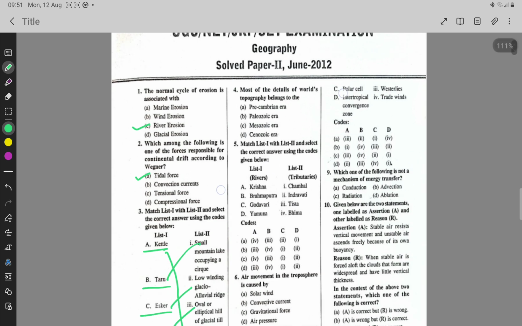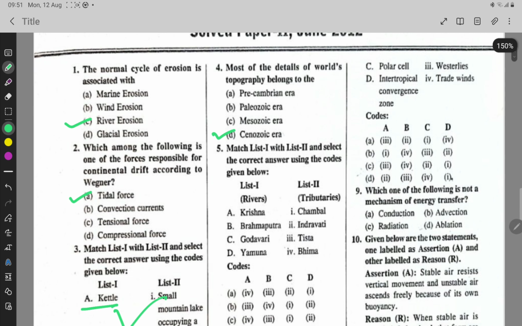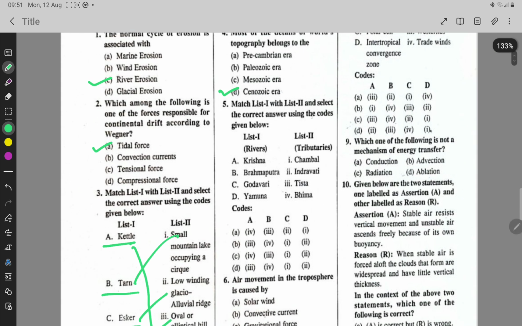Fourth, most of the details of world's topography belongs to, the correct answer is D, Cenozoic era. Fifth, match the following with list 1 and list 2. Okay. Rivers and their tributaries.